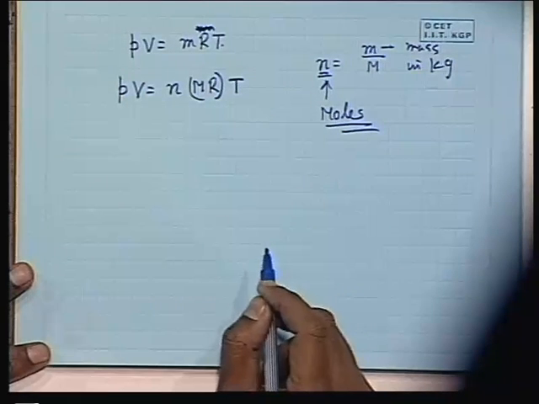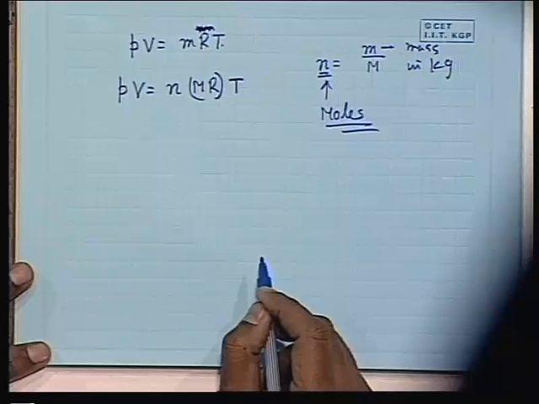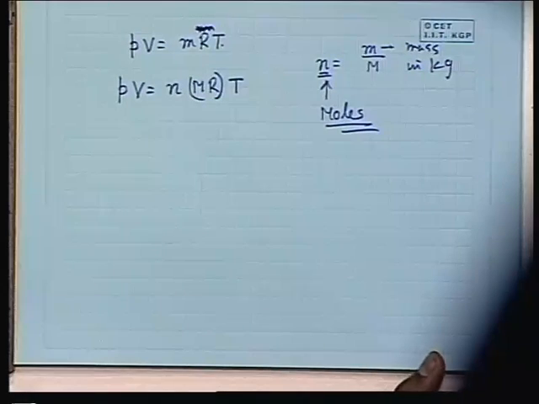So this will be the modified equation of state, when the equation of state is expressed in terms of the number of moles of the substance. That means in the equation of state I don't want to use the mass, but the mass in terms of moles, that means divided by molecular weight. So n into R bar into T. Now Avogadro said that all gases at the same pressure and temperature with the same number of moles have the same volume.